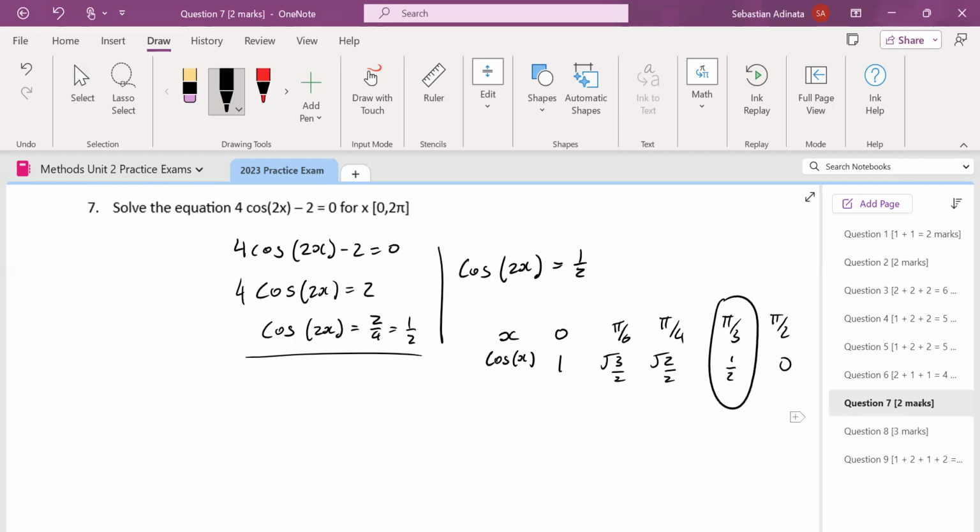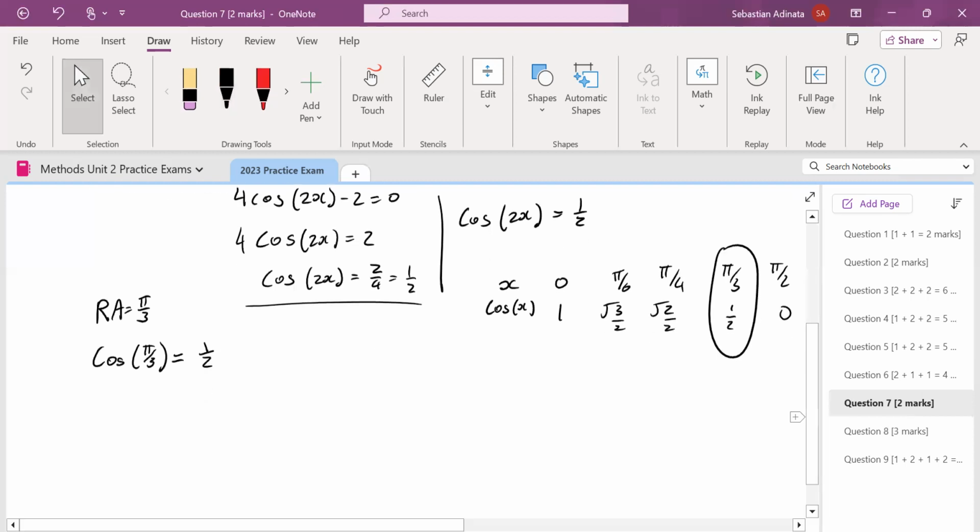So we can see our reference angle is pi on 3. Let's write that down. What this means is cos pi on 3 is equal to 1/2.